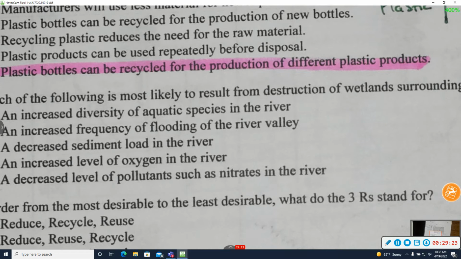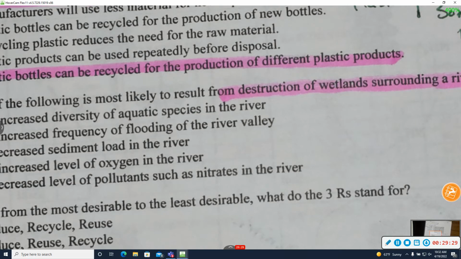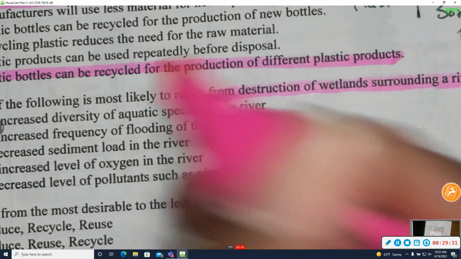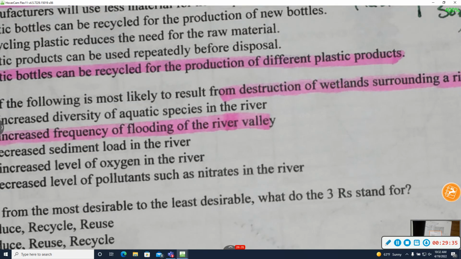Which of the following is likely to result from the destruction of the surrounding wetlands? Okay, so your answer to this one was the increase of flooding.